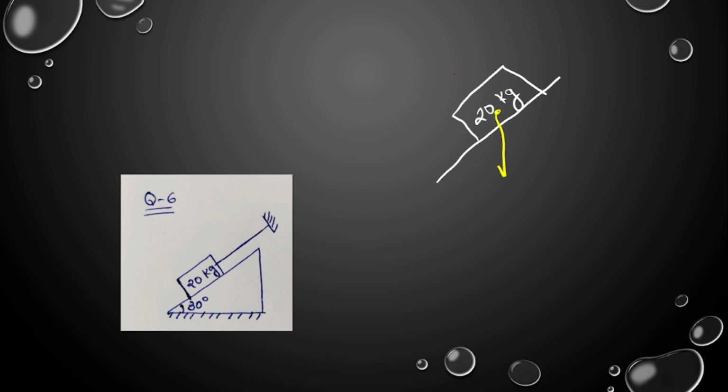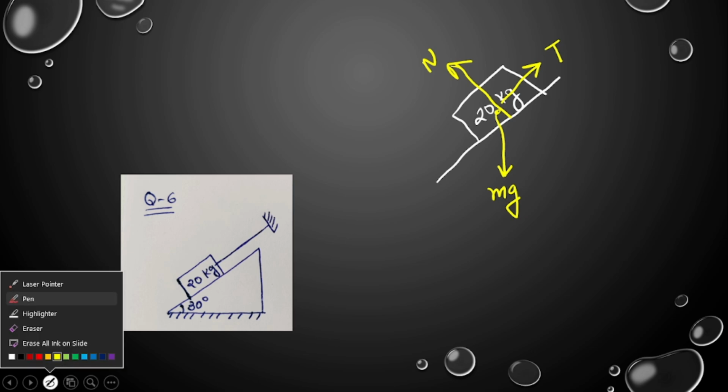This is the direction of mg, this will be the direction of normal, and this will be the direction of tension. Okay, finally the figure is good.